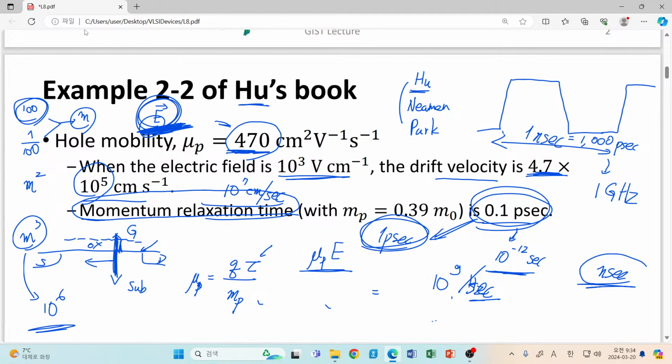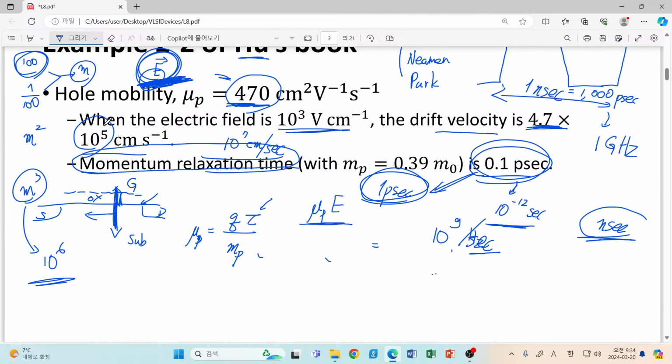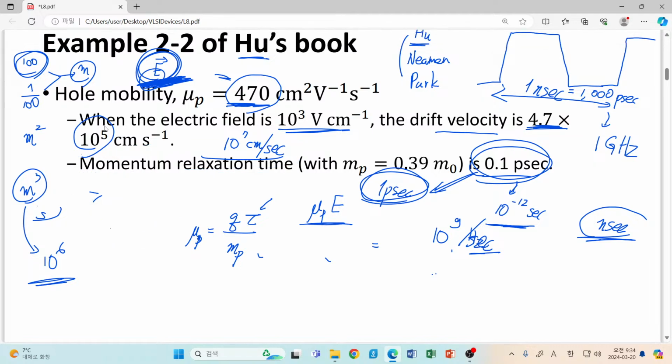Okay, and of course, what I had to say in this case is that this is not the only relaxation time you have inside your electronic system. The momentum relaxation time is the time spent to relax the momentum.